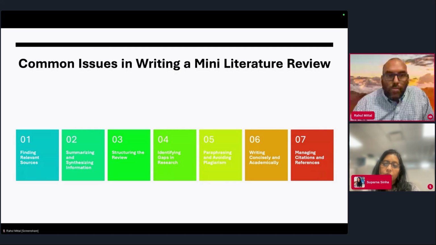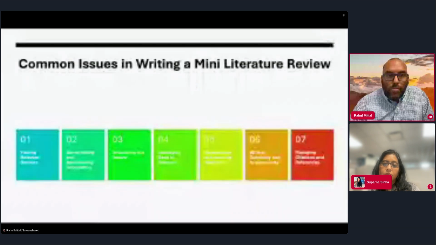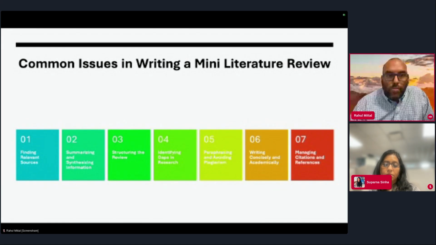They struggled to summarize key findings from multiple papers cohesively, with a tendency to list studies separately rather than synthesize common themes and gaps. There was difficulty in organizing content logically, chronologically, and applying a methodological structure.